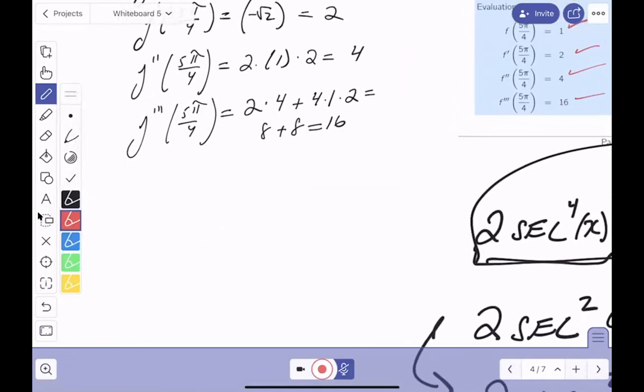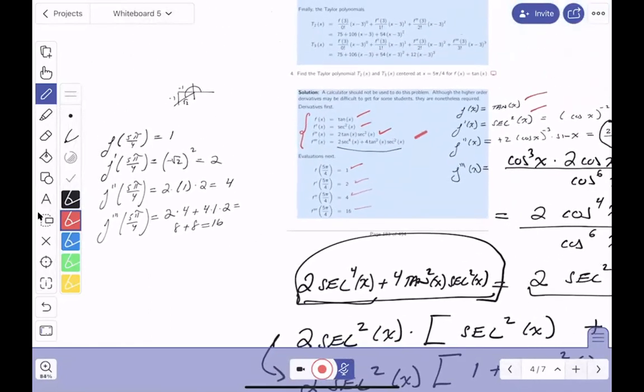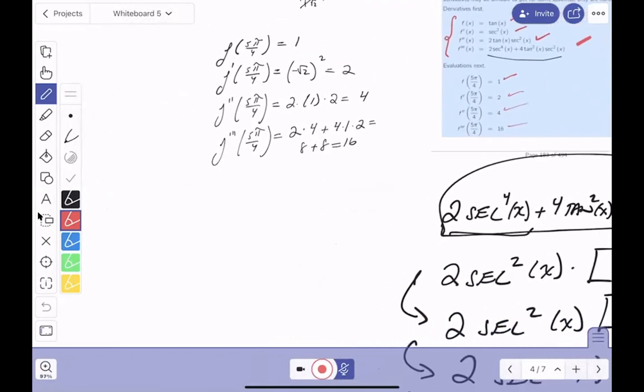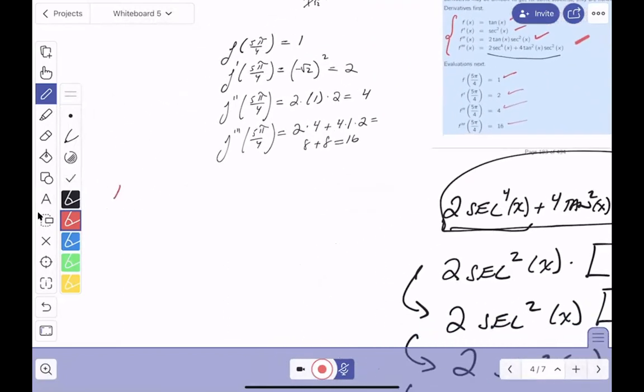So put down the answer now. They want me to write down the Taylor polynomials T2 and T3. Let's do that. We'll look at the key later. T2 is going to be, well, 1 plus 2 times (x minus 5 pi over 4) plus 4 over 2 factorial times (x minus 5 pi over 4) squared.